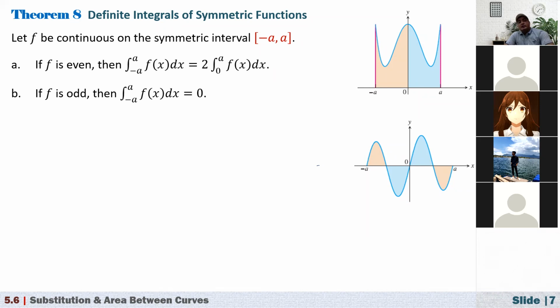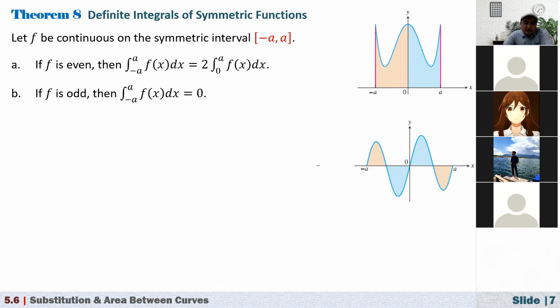So number 1: definite integrals of symmetric functions. Let f be a continuous function on the symmetric interval negative a to a. As you see here, the interval of integration must be symmetric about the origin, that is from minus a to a.